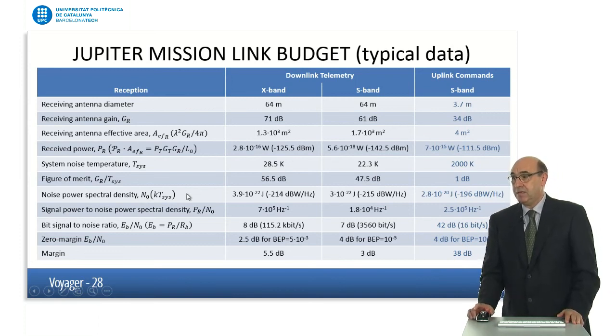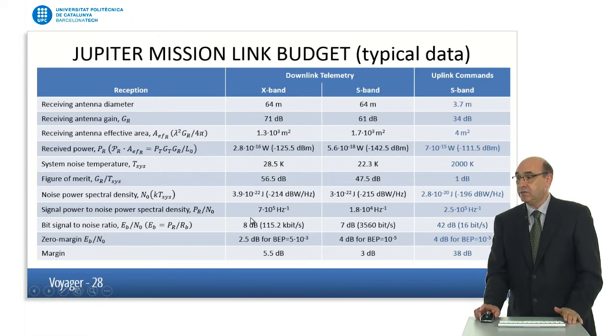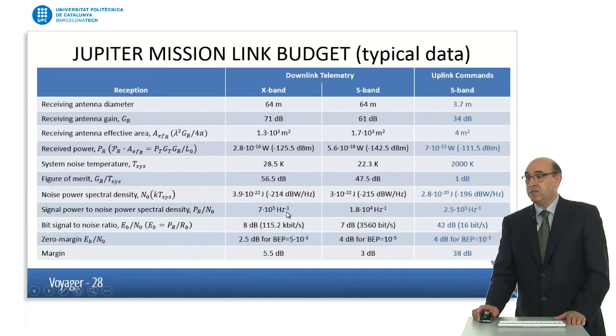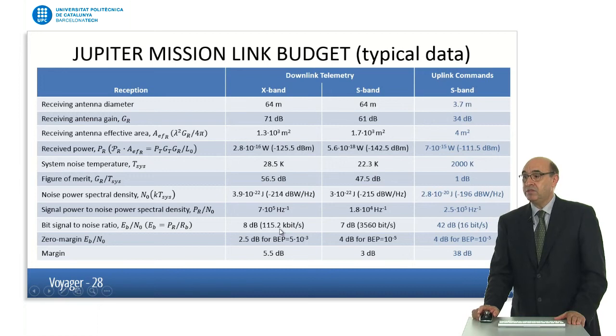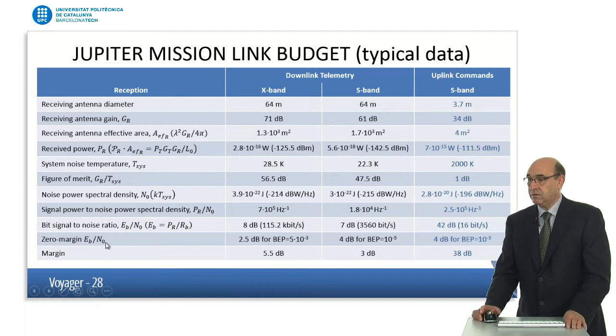And we are going to find not the usual signal to noise ratio, but the power received to noise power spectral density. And the units for this are the inverse of Hertz. Why? Because then we can enter into the picture the data rate and find the bit error probability as is done in the normal way.